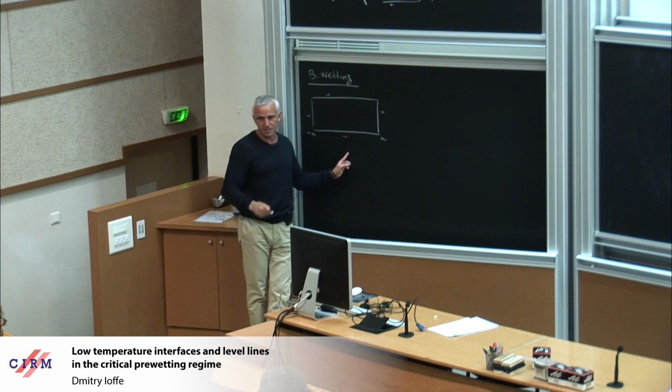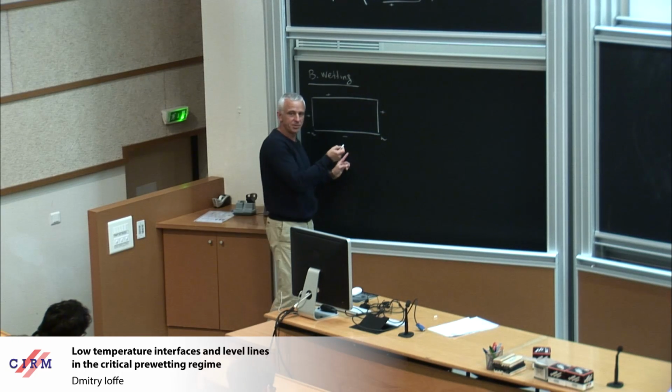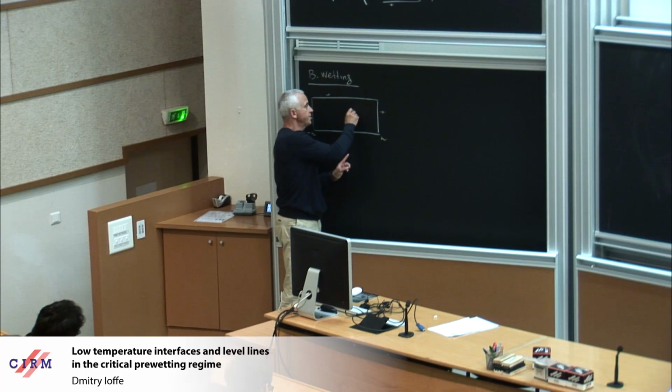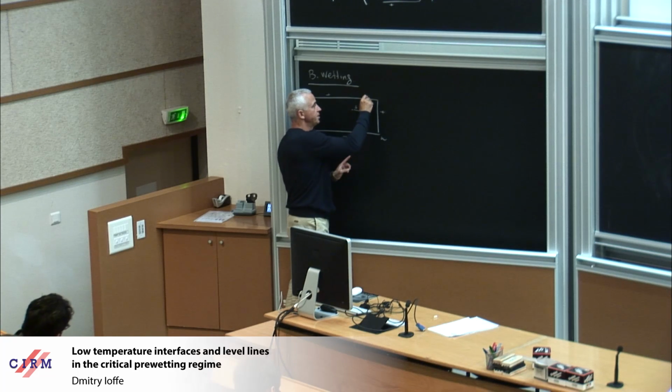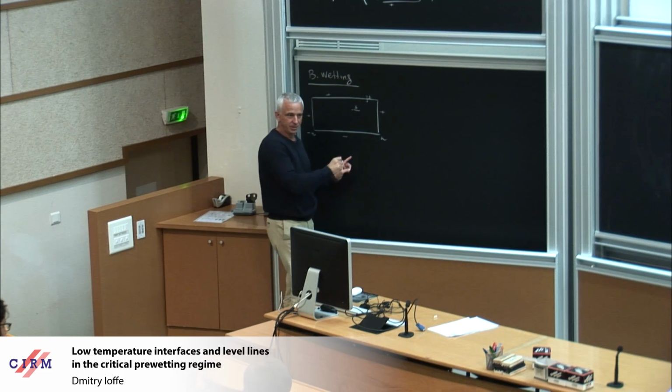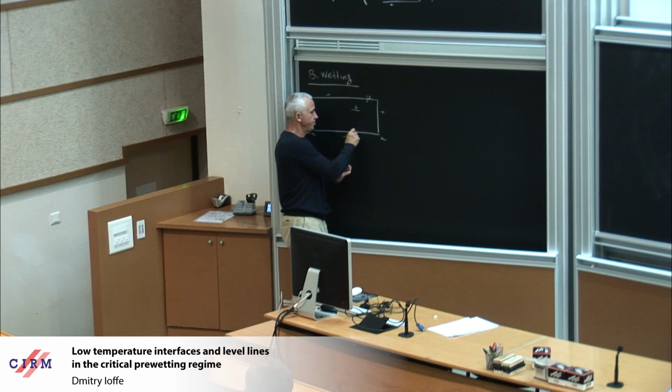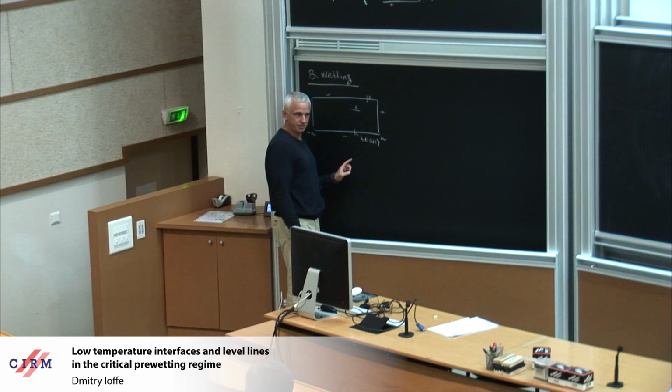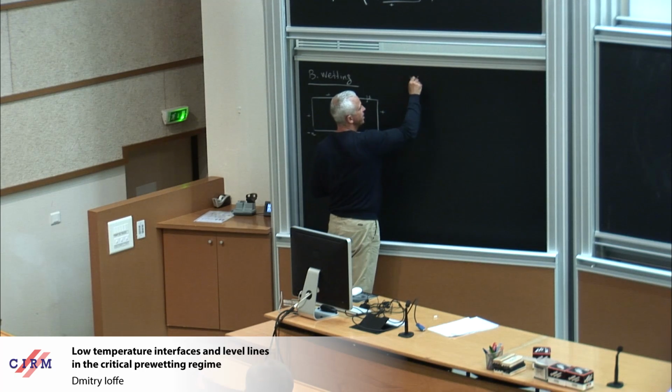Second, I'm modifying the interaction a little bit. The interaction between nearest neighbors in the bulk will be still 1, but the interaction with the bottom is some h in 0, 1.